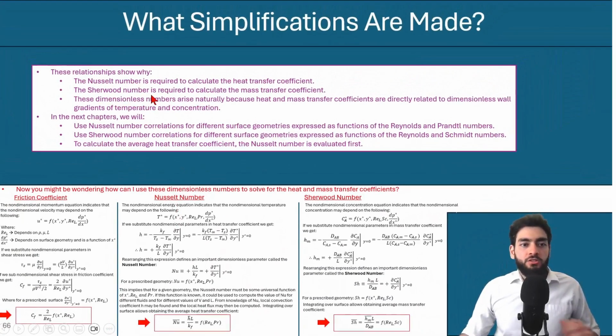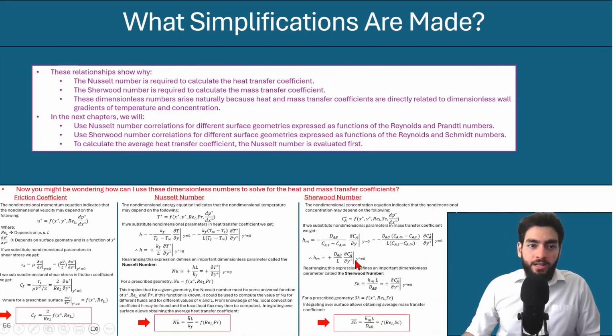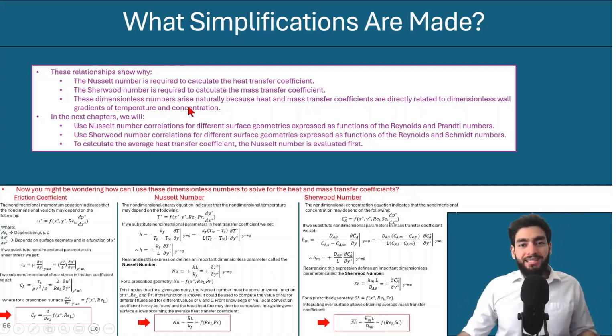And these relationships show why the Sherwood number as well is required to calculate the mass transfer coefficient, because you can see the relationship. These dimensionless numbers arise naturally because heat and mass transfer coefficients are directly related to dimensionless wall gradients of temperature and concentration.